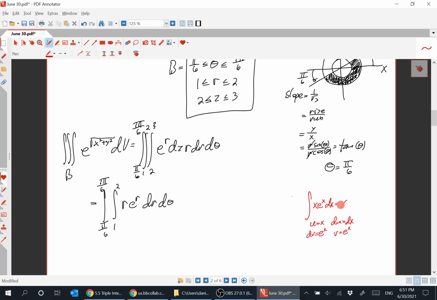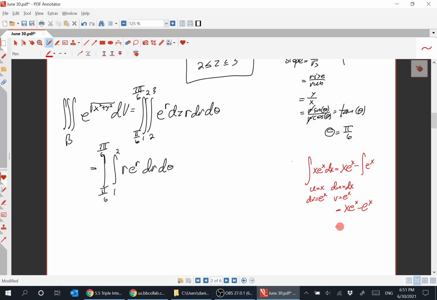So it's x e to the x minus the antiderivative of e to the x. So this is x e to the x minus e to the x, so x minus 1 times e to the x. Just to keep the main calculation more coherent.